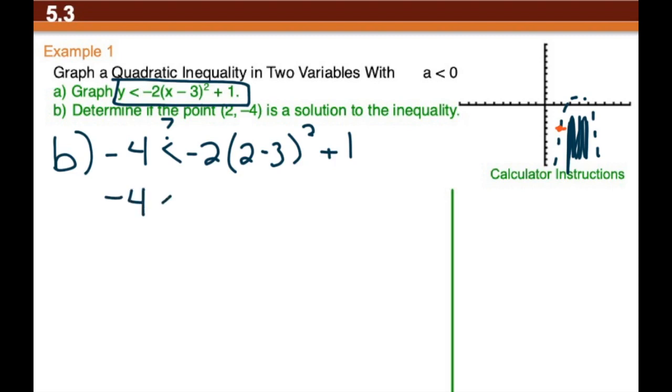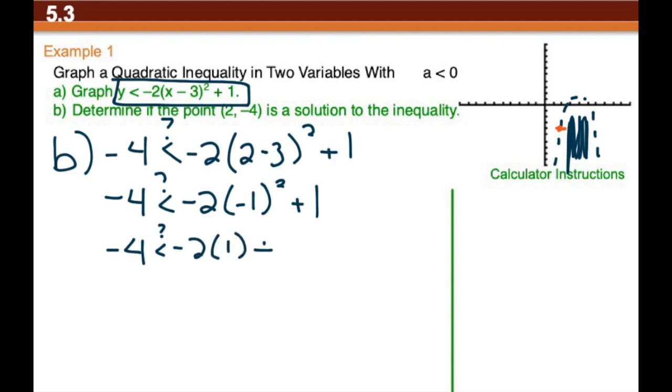So -4 less than -2 times -1 squared plus 1. -1 squared is +1. -2 times 1 is -2.